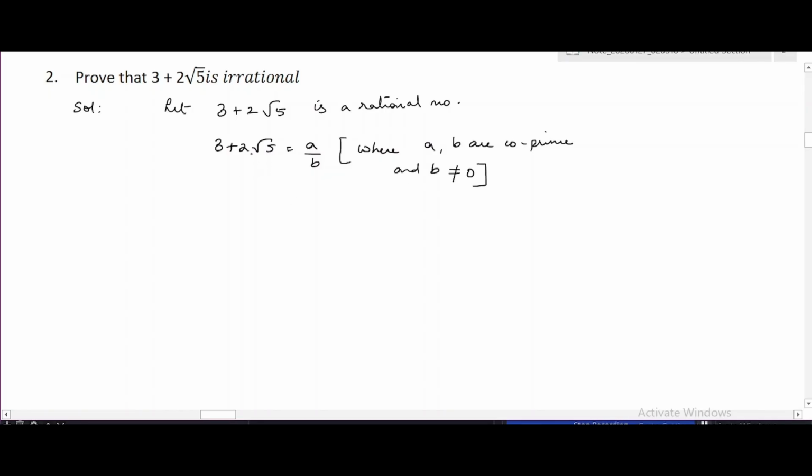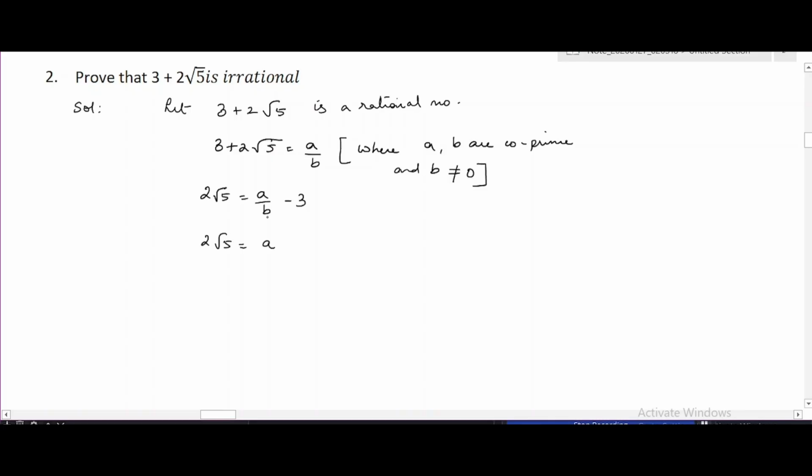Okay, next step, we will transpose this. We have to take only root 5 to the left hand side and bring everything else to the right hand side. So this is the pattern. If I take 3 to the right, it will be 2 root 5 is equal to a by b minus 3. I will just solve it.